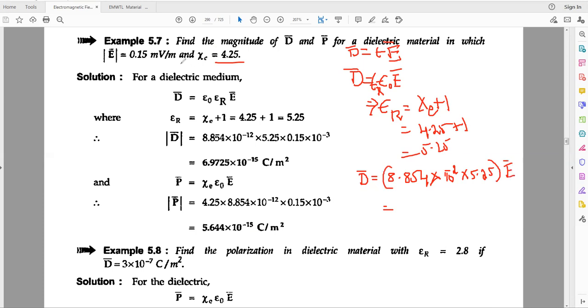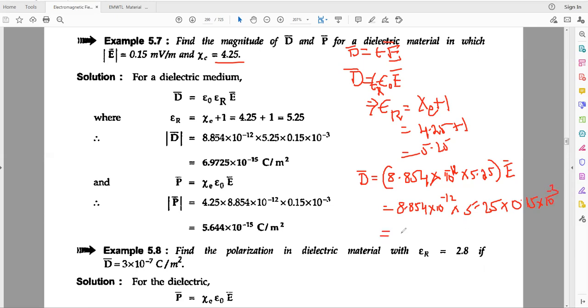What is the E bar given? It's the magnitude only, 0.15 milli, 10 to the power of minus 3. So 8.854 into 10 to the power of minus 12 into 5.25 as epsilon R, multiplied with the electric field 0.15 milli.